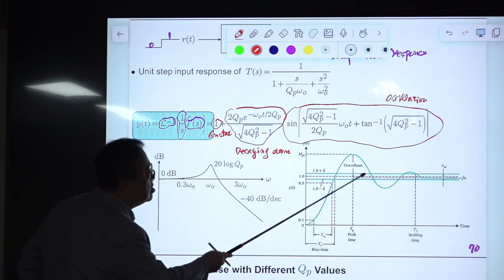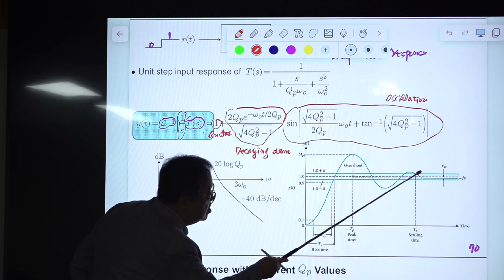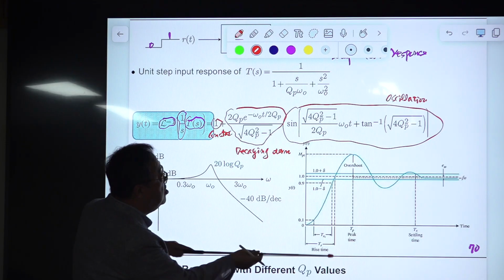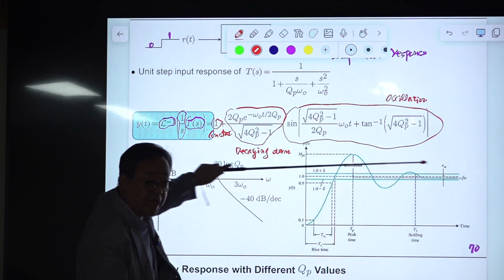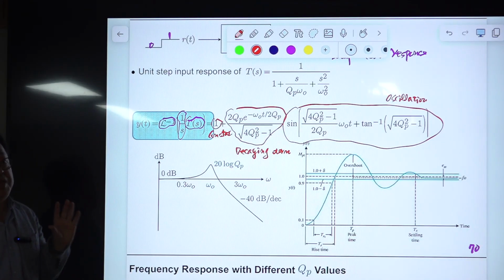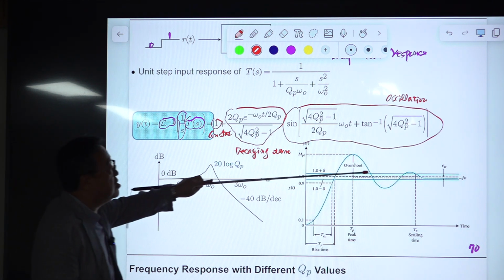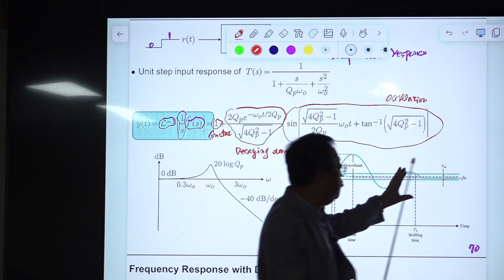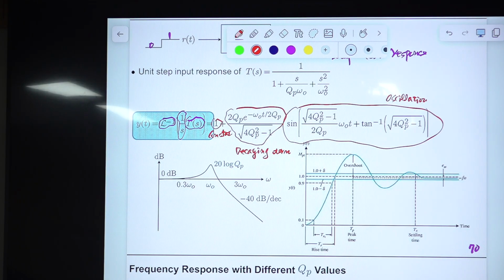So it goes like this, and eventually this guy dies out, and the remaining value is what? DC. This is the steady state. I told you the steady state means all the AC components die out, and this DC value is remaining. So eventually we will get steady state here, and the output becomes 1, same as the input.